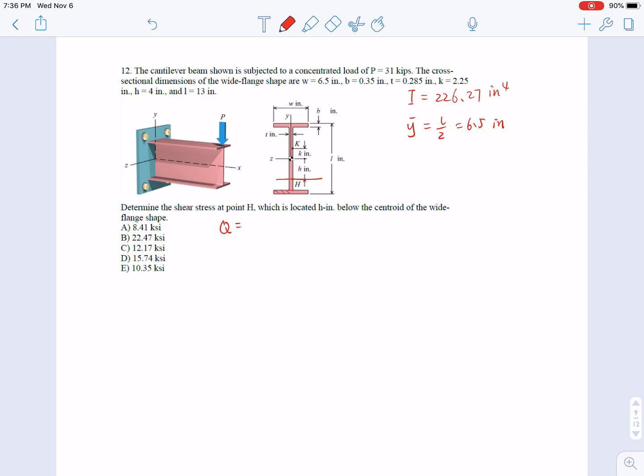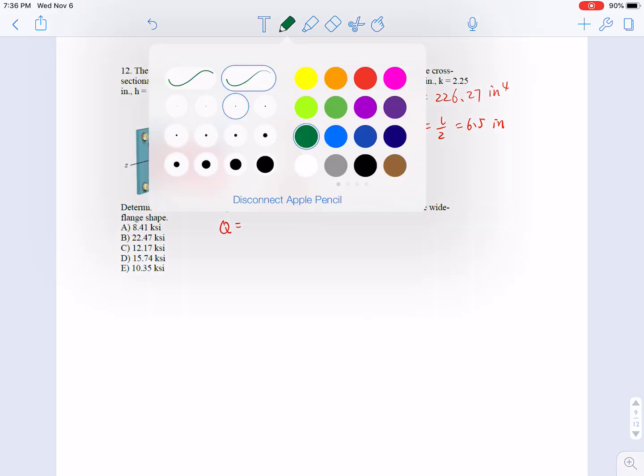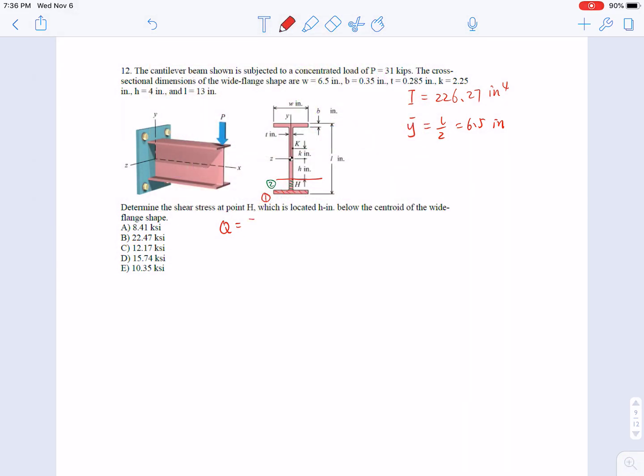Here is sub-area 1, and here, the green color will be sub-area 2. So the Q can be calculated by adding together A D, but you have 2 sub-areas. So the first one is A1 D1 plus A2 D2.